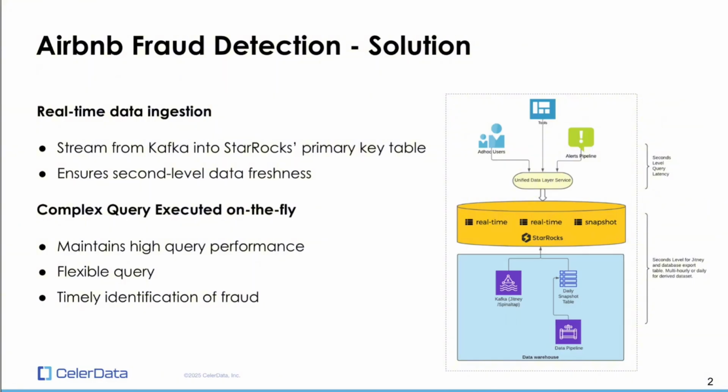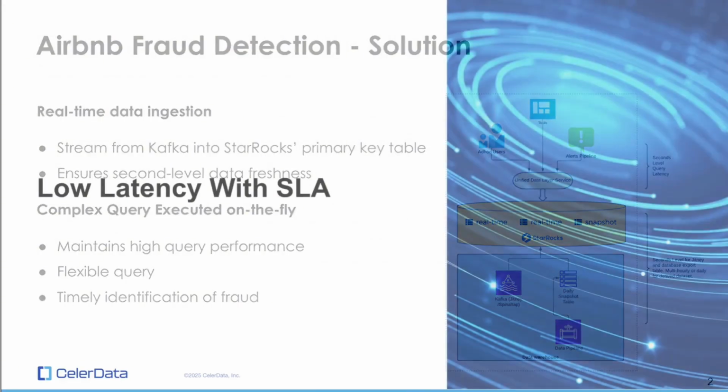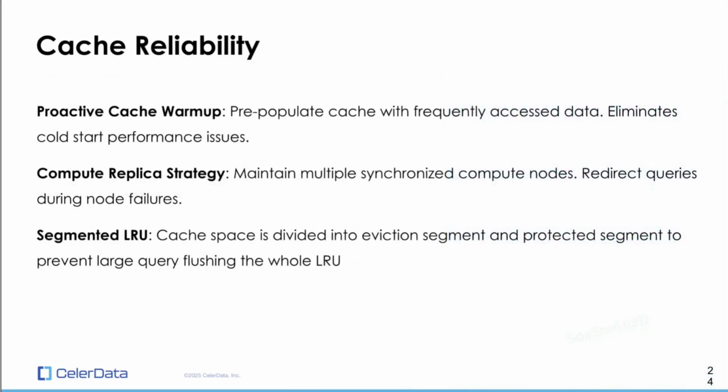So they maintain very high query performance, even with very complex joins and aggregations. And it's flexible because there's no pre-computation. The data scientists can basically query anything they want, right? So they were able to timely identify fraud with fast ingestion and fast query. So next is low latency with SLA, right?